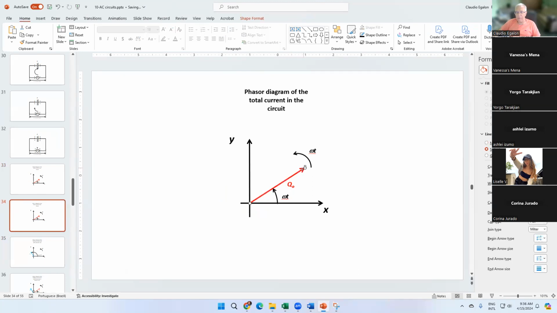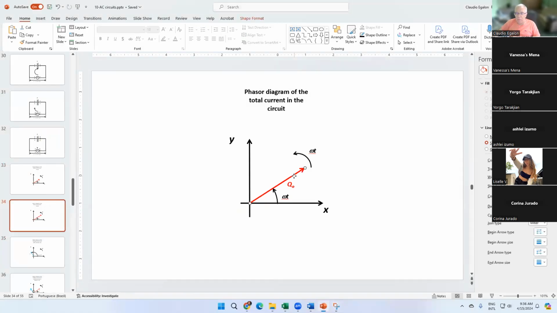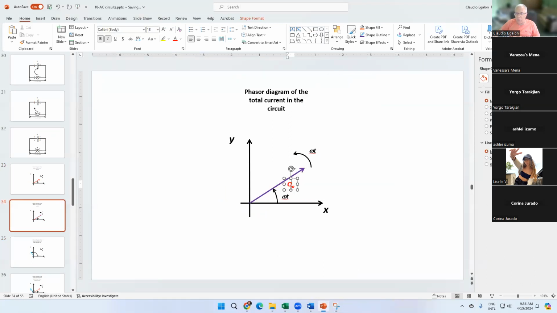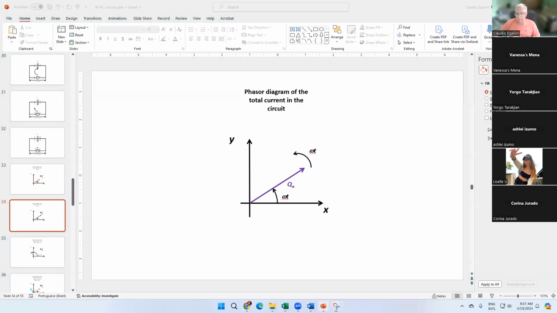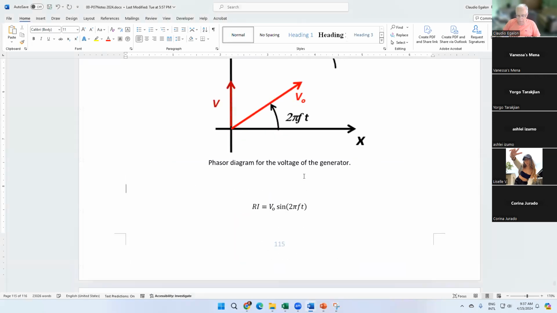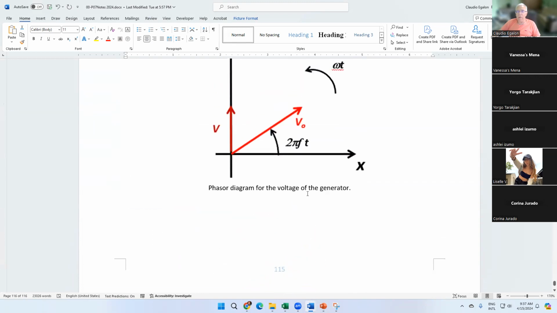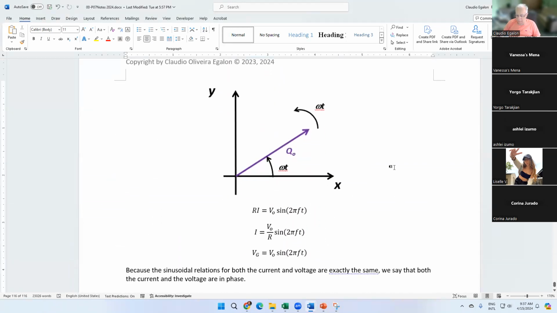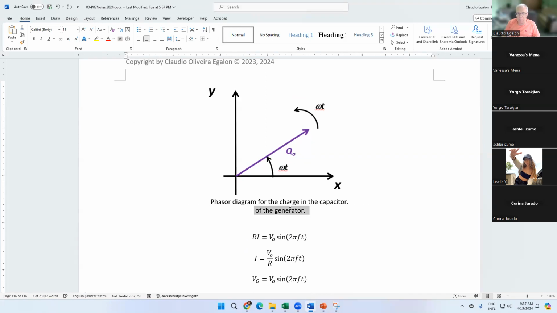That would be the phasor diagram for the charge in the capacitor, and I'm going to use a different color as well.